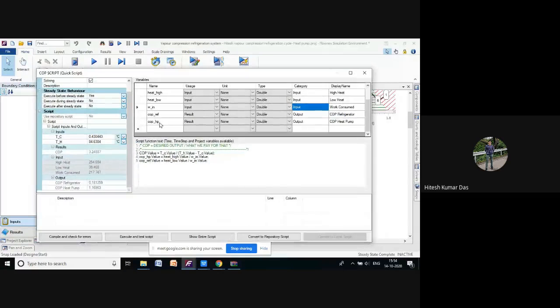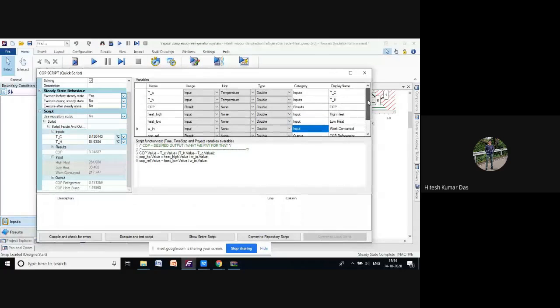You can see here, for calculation of COP for a refrigerator as well as a heat pump, we have written one C# code. This is COP for the refrigerator values. This is COP for the heat pump, HP means heat pump. This is the heat low value divided by work input.